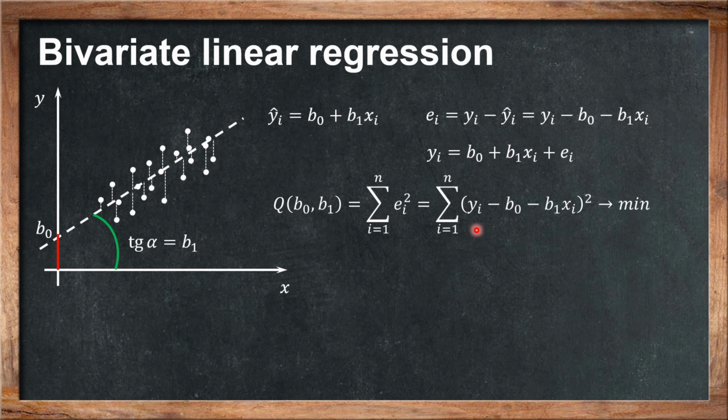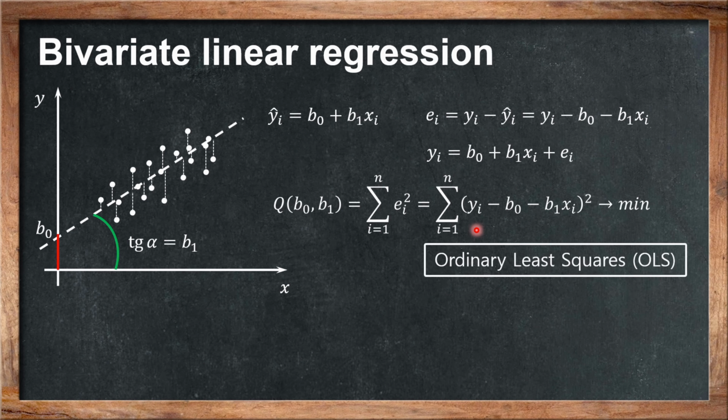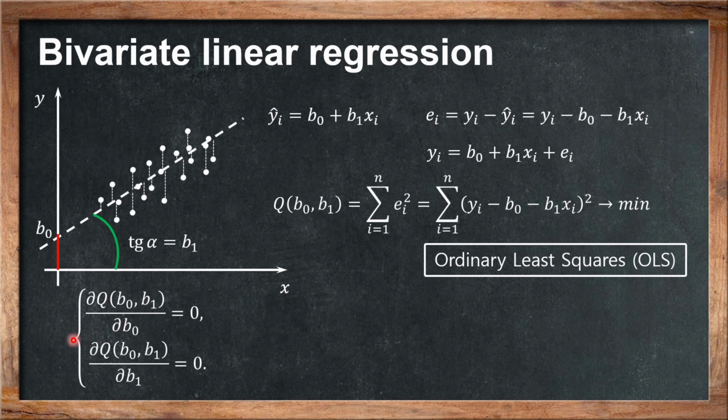Since we are minimizing the sum of squared residuals, this method is called ordinary least squares, or OLS. Now let's take a look at the two partial derivatives of this target function. You see, we take the first partial derivative on B0 and the second one on B1.